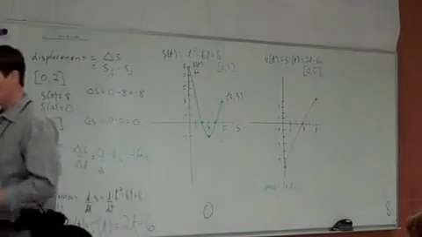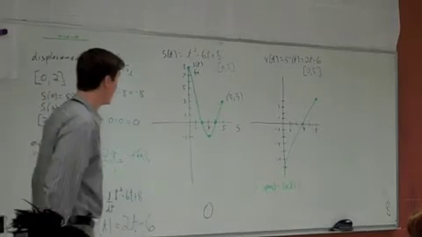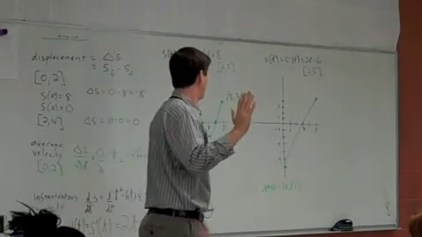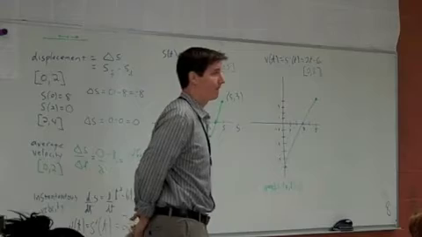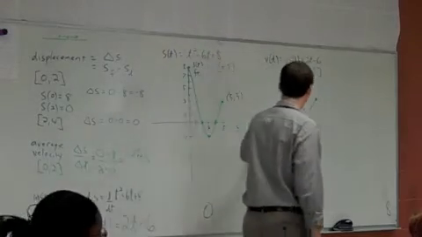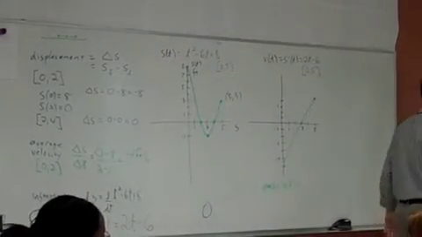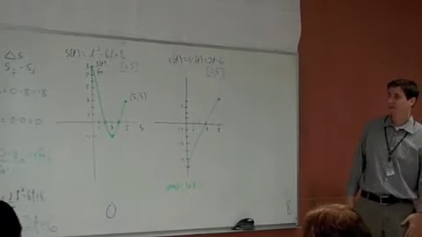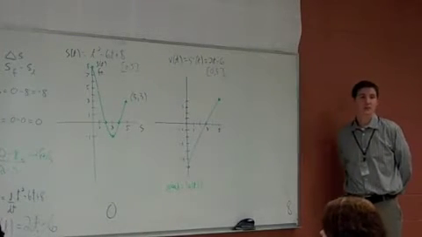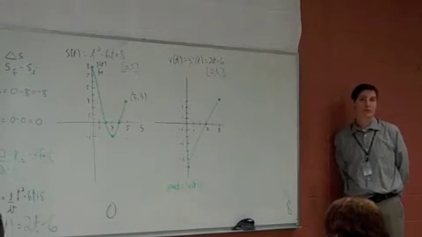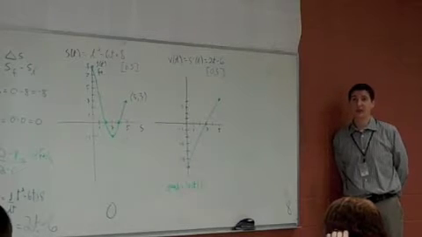Okay, let me ask you this. When, according to this graph, am I speeding up? If I'm looking at this graph here. I got 3 answers already in the books. This is good.